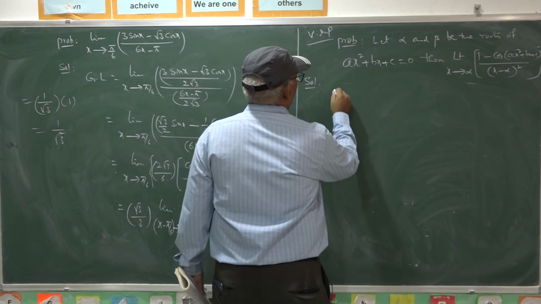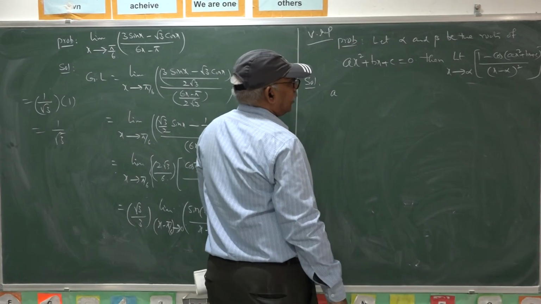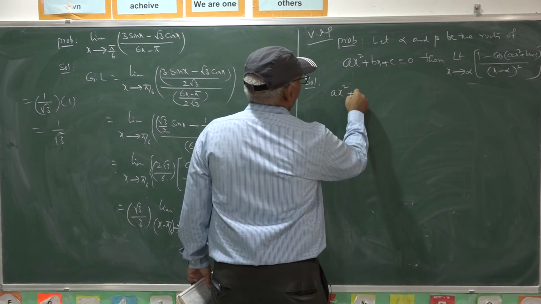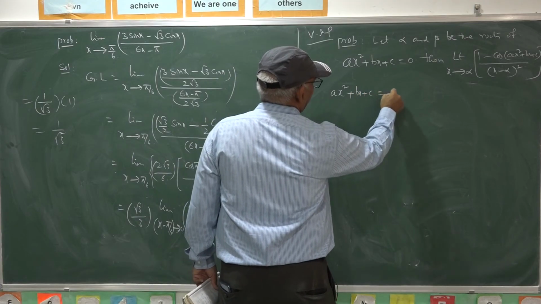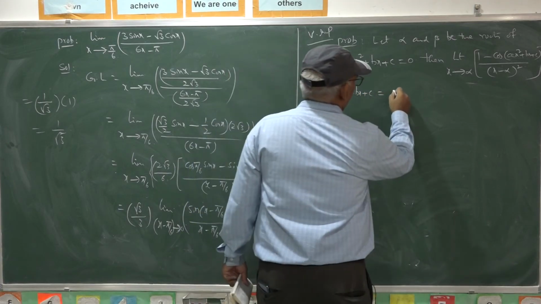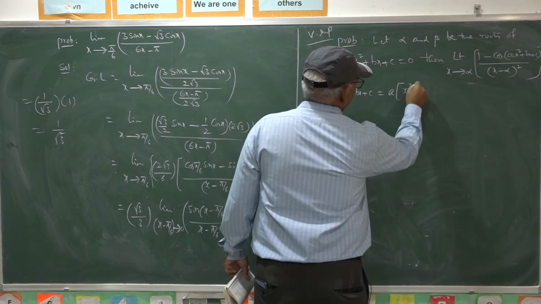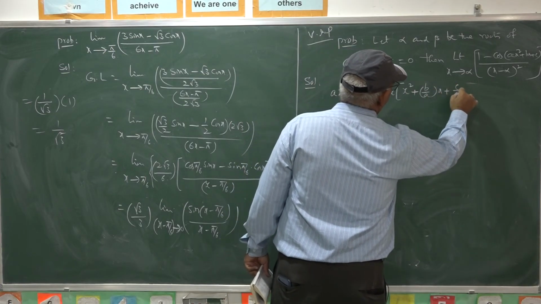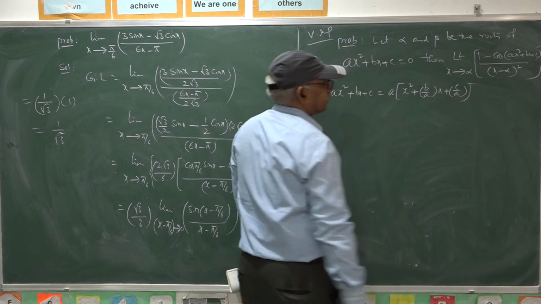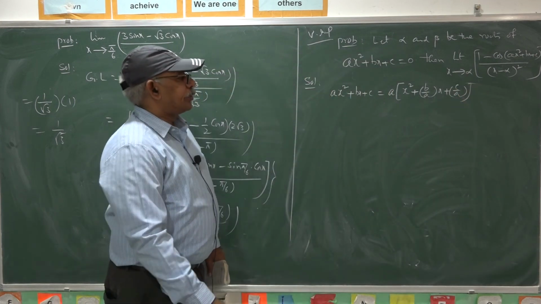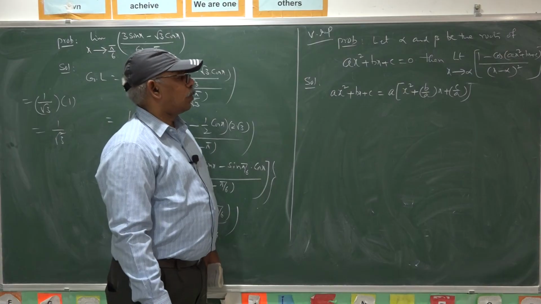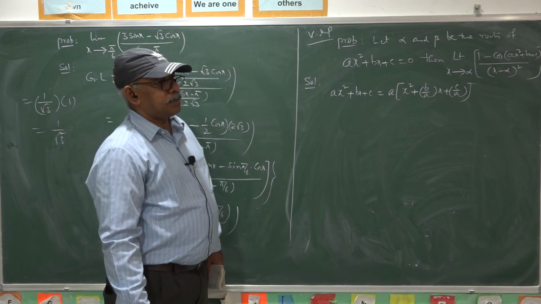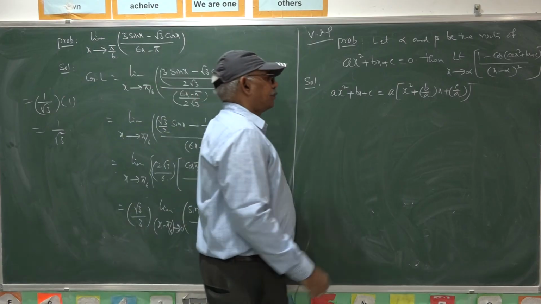Once alpha and beta are the roots of the quadratic, ax square plus bx plus c may be written as a into (x square plus b by a x plus c by a). Once you take a as common, the quadratic may be written as a into (x square plus b by a x plus c by a).